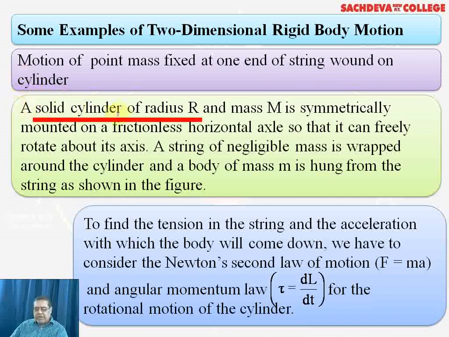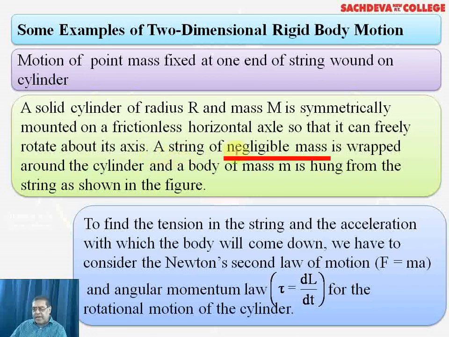A solid cylinder of radius r, mass m, is symmetrically mounted on a frictionless horizontal axle so that it can freely rotate about its axis. This will be clear from the figure which is coming next.